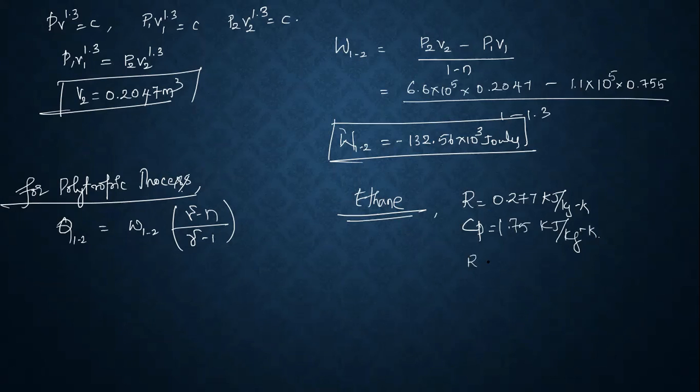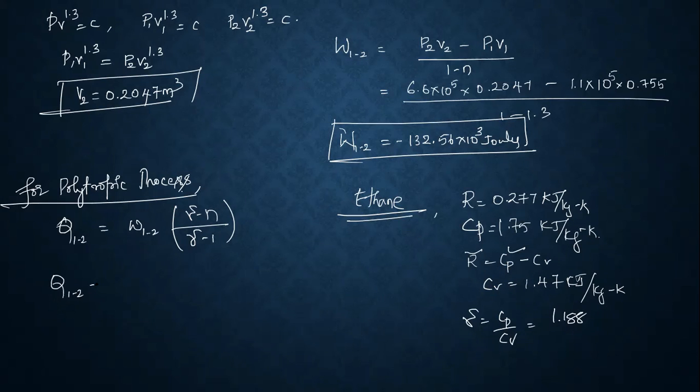Now R is equal to Cp minus Cv. R is known, Cp is known. You will come to know that Cv value is 1.47 kilojoules per kg Kelvin. Therefore, gamma is equal to Cp by Cv, and Cp by Cv is 1.188. Therefore, gamma value is 1.188.